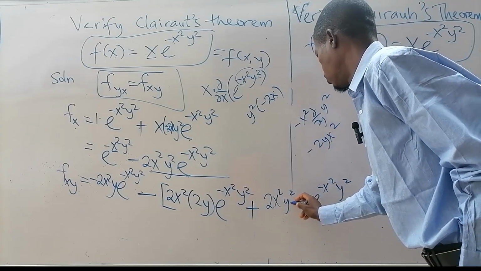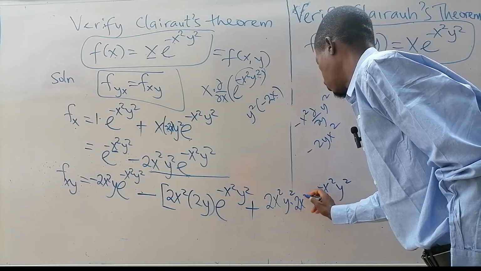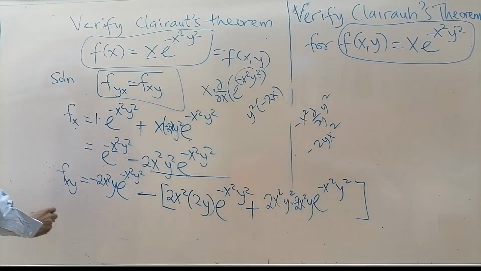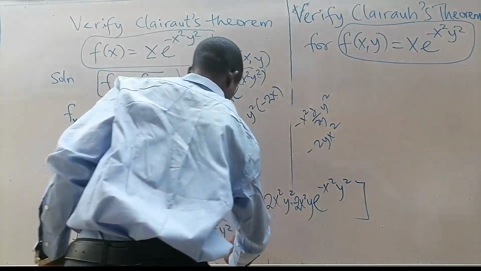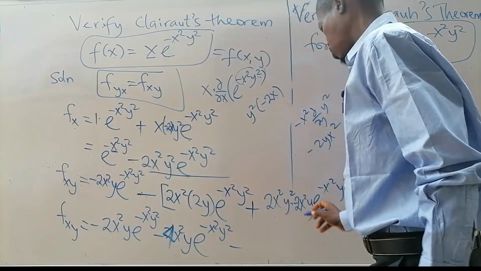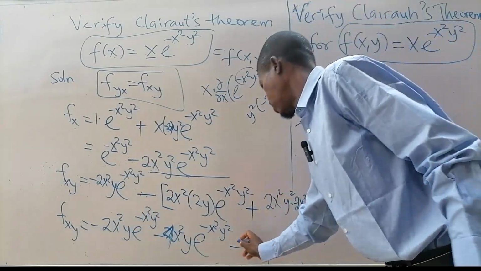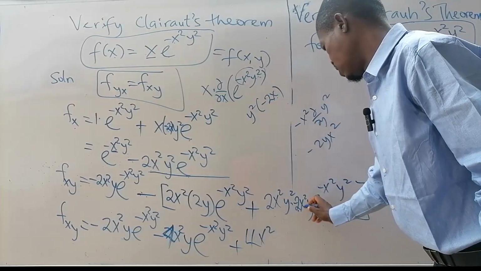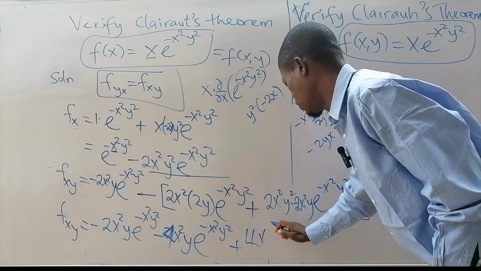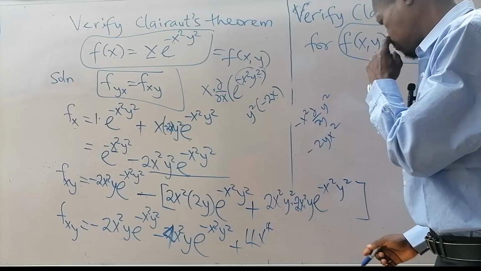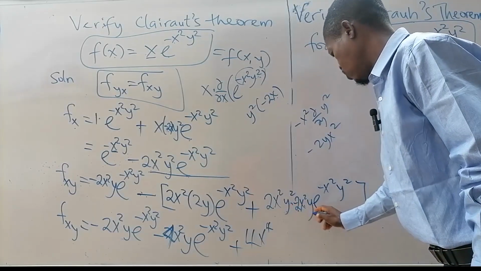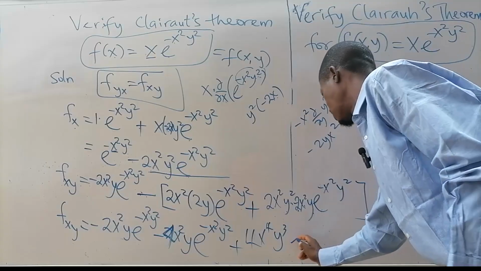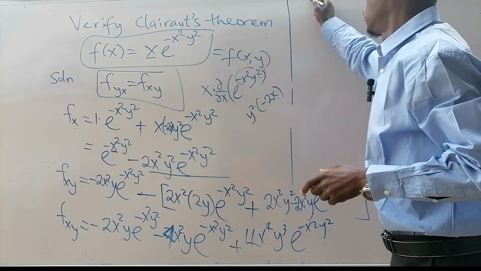So that was minus 2x squared y. Then you can open the brackets. The minus times plus, that's minus. But there's a minus here too, so minus times minus becomes plus. 2 times 2, that's 4. X squared is here, x squared is here, making x to the power 4. Y squared is here, y is here, making y cubed. Then the exponential. So we've gotten this one.